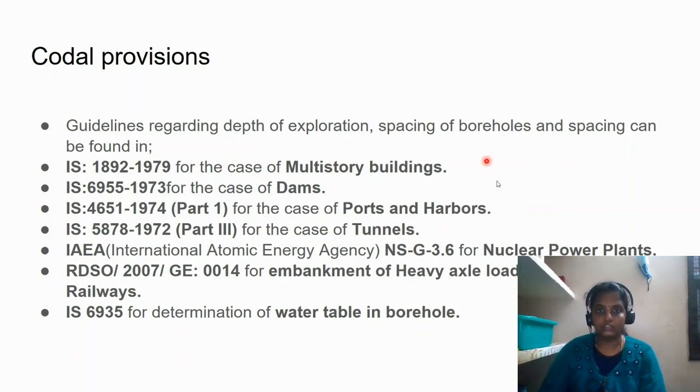Depending on your site type and the type of project, there are certain codal provisions which give you guidelines to go by. The guidelines are again just a guideline, it can be varied.